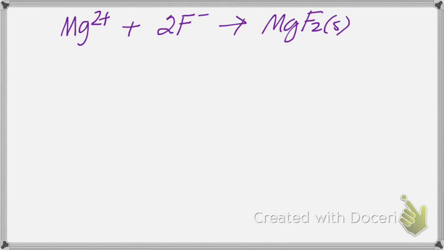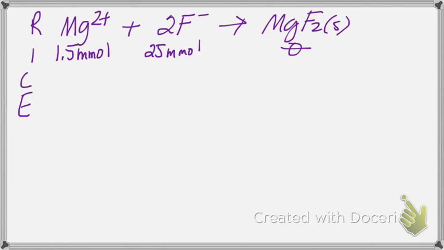You don't have to, but if we make it millimoles, it's just easier to do the math. And then volume times concentration for the fluorine comes out to 0.025 moles, so we're going to say 25 millimoles. And then, of course, this is 0 at the time, because this is initial.